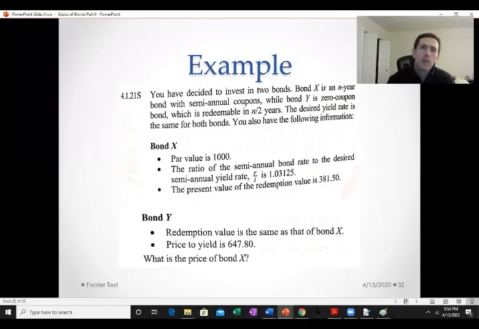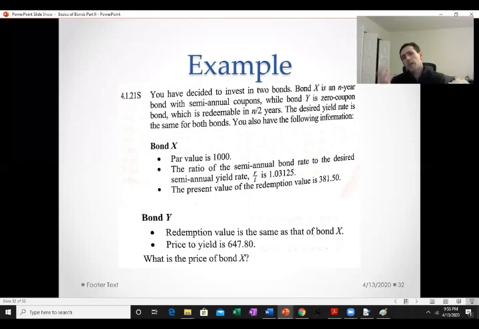Doesn't matter, really. So the desired yield rate is the same for both bonds. You also have this mess of information here that the par value, face value of bond X is 1,000. The ratio of the semi-annual bond rate to the desired semi-annual yield rate is R over I. R is the effective semi-annual bond rate, and I is the effective semi-annual yield rate.